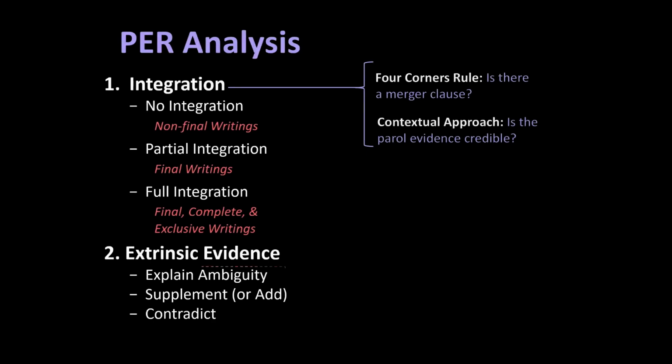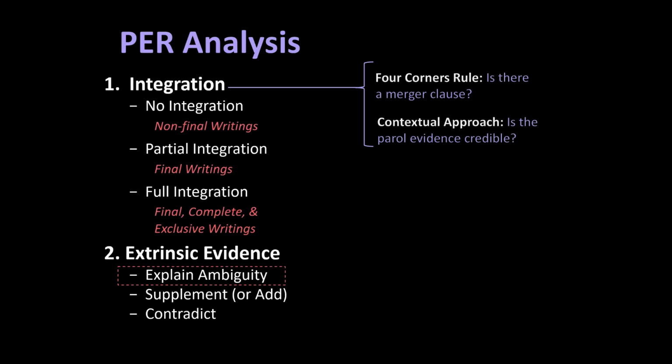Now let's move on to the topic of ambiguity, where we will see that there is again a very similar disagreement among courts. The question here is, when is parol evidence admissible to explain ambiguity? The parol evidence rule primarily addresses when parol evidence is or is not admissible to supplement or contradict the terms of a written agreement.